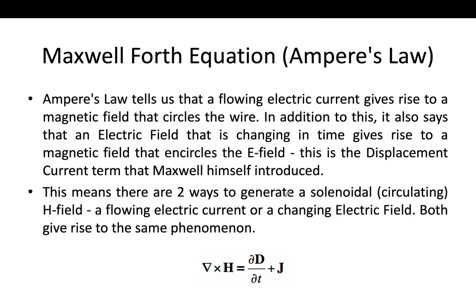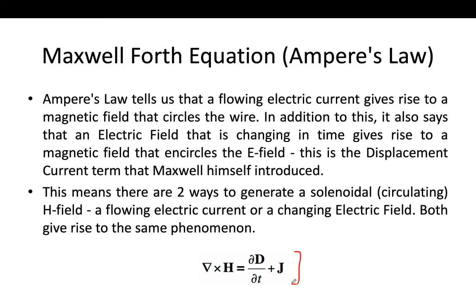This is the displacement current that Maxwell himself introduced. This means there are two ways to generate a circulating H field: flowing electric current or a changing electric field, both give rise to the same phenomena, and this is the equation.